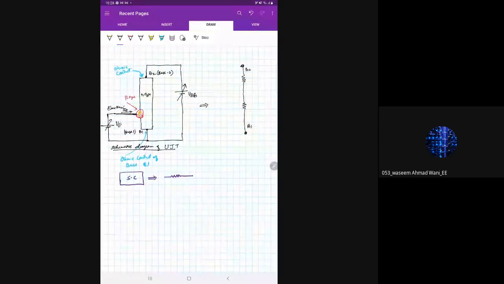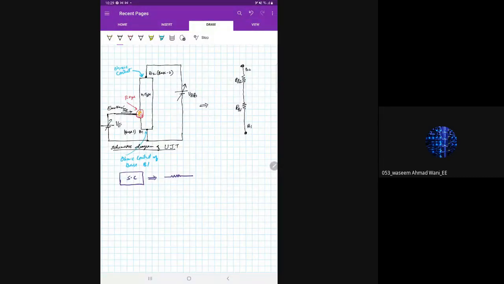Why I have made it two resistors here, I'll tell you later on. So let us say that this N-type semiconductor is made up of two different resistors. One is RB1, another is RB2.